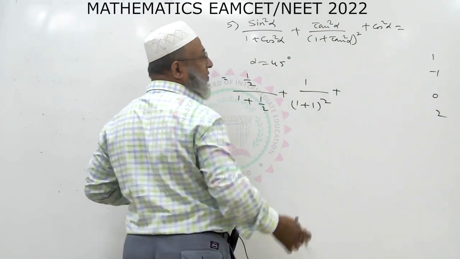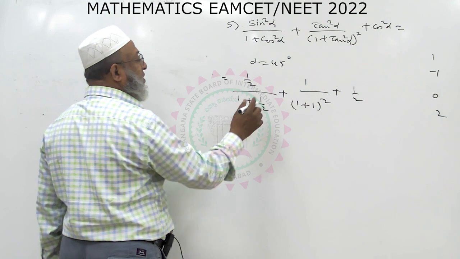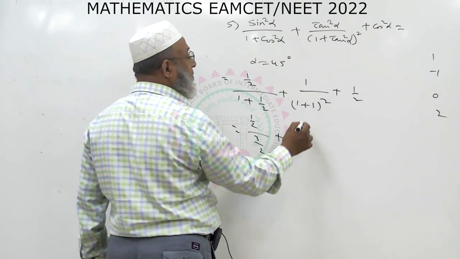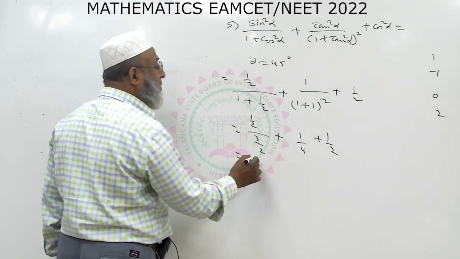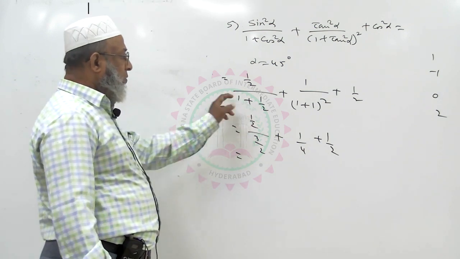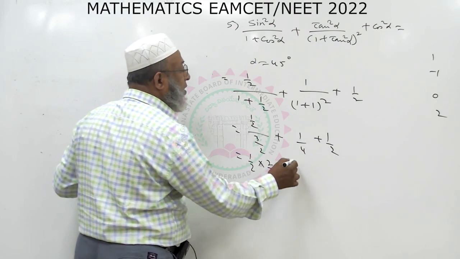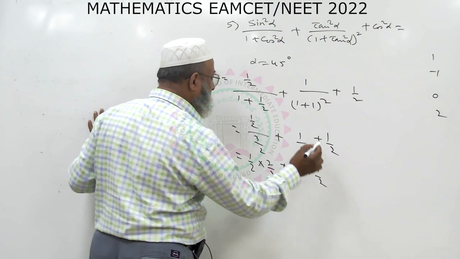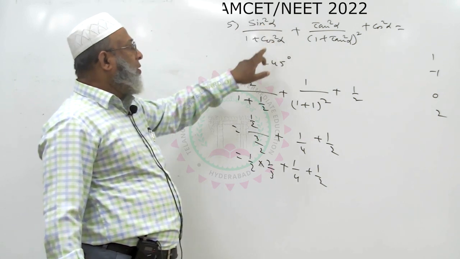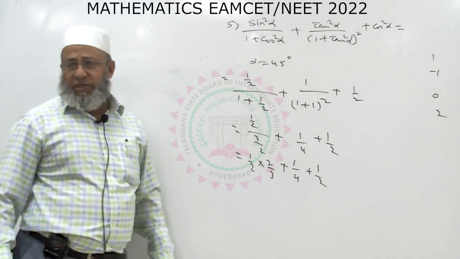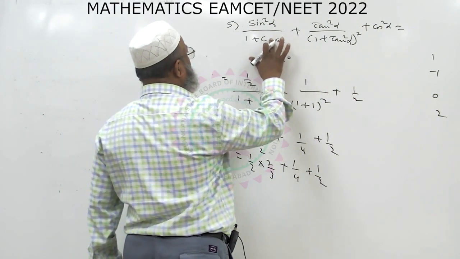Plus cos 45, 1 by root 2, that is 1 by 2. So this is 1 by 2 divided by 2 plus 1, that is 3 by 2, plus 1 by (1 plus 1) whole square, 4, plus 1 by 2. The 2s cancel: 1 by 2 into 2 by 3 plus 1 by 4 plus 1 by 4 cos square 45, sin 45 is 1 by root 2, so 1 by 2 by 1 plus, here it is 1 plus cot square alpha, not cos.